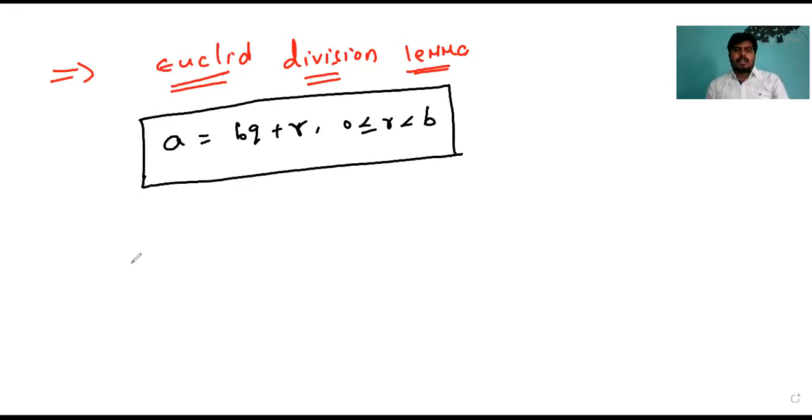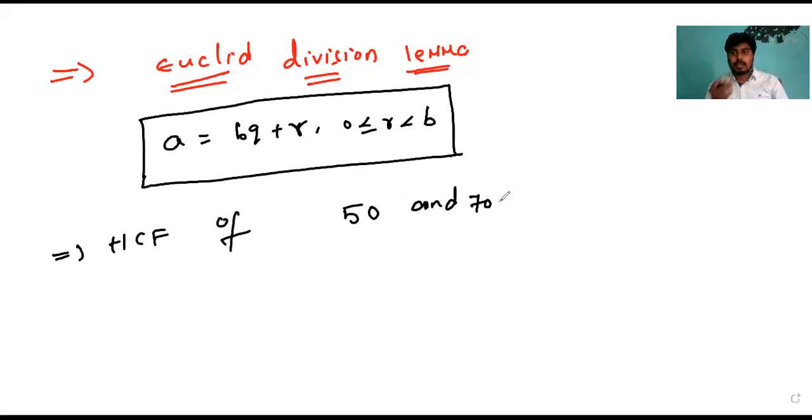Let us see. HCF of 50 and 70, right? How do you find it? We have to find it by using the Euclid division lemma.